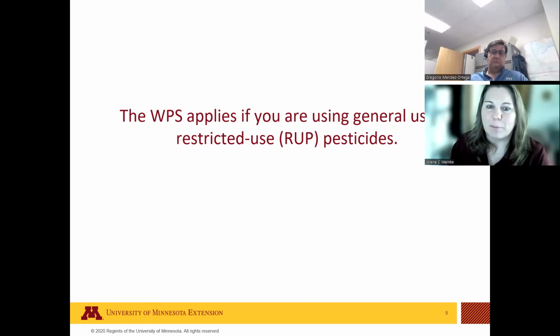So if that product contains the agricultural use box, then it doesn't matter if it's a general use or restricted use pesticide, you would comply with the WPS. There are some minimum risk products, we call them 25Bs, that may not have an agricultural use box on the label. And in those cases, the WPS would not apply.